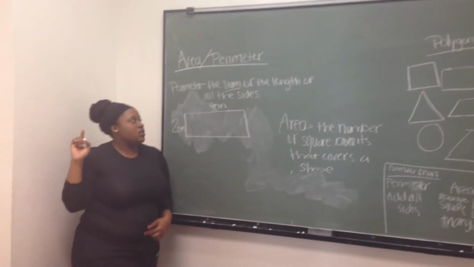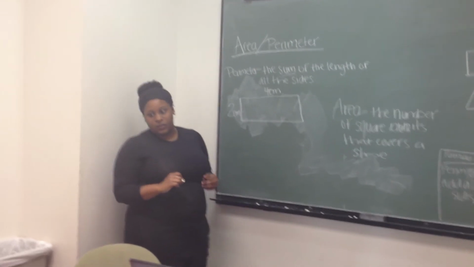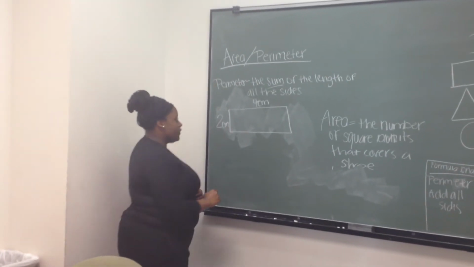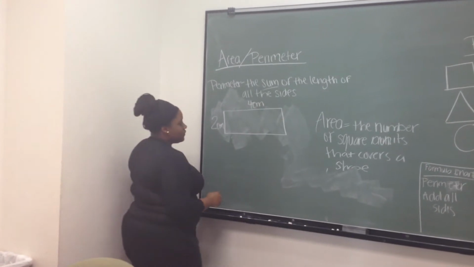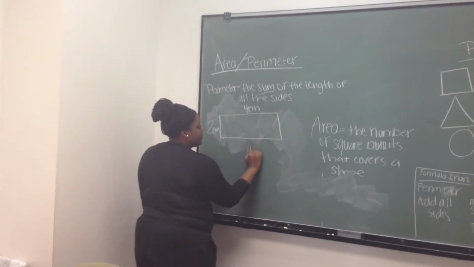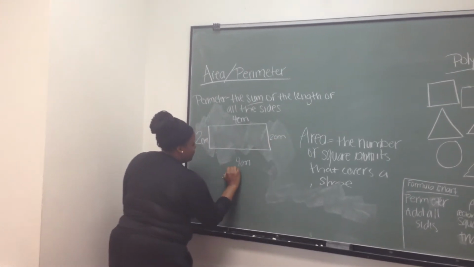Jasmine, can you tell me the perimeter of this rectangle? 12 centimeters. Okay, can you tell me how you got 12? 4 centimeters plus 4 centimeters. Good. Plus 2 centimeters plus 2 centimeters. And that gives us 12.